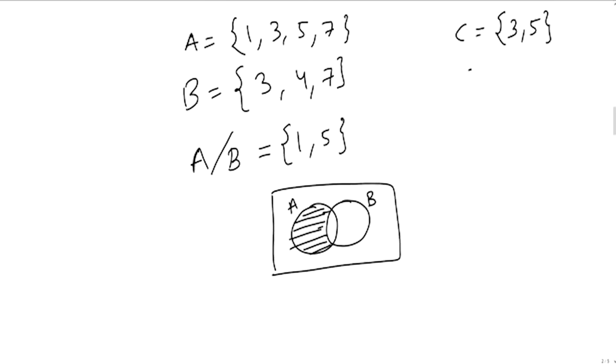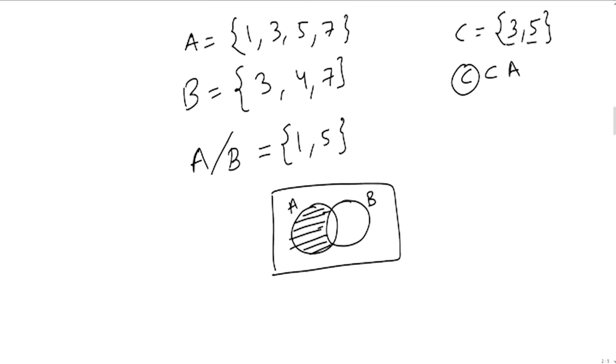So any set C is a subset of A if all the elements of set C also occur in set A. Okay, so in this case, what are the elements of set C? 3 and 5. Do they belong to set A? Yes. So we can say set C is a subset of set A. Okay. So this is called subset.